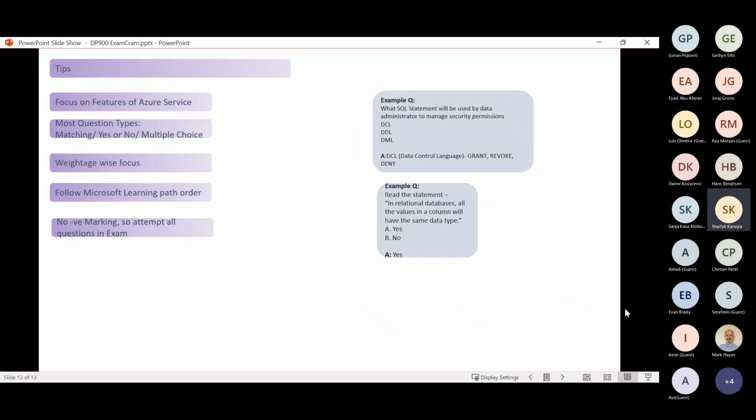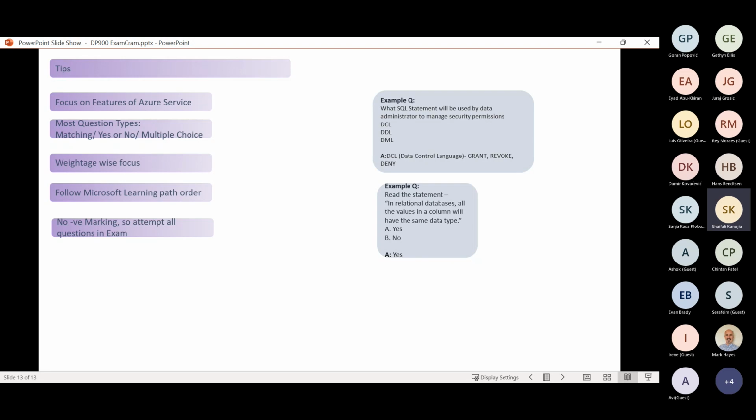So the last key takeaway that I would like to give for this exam, before we come to the end of the presentation, is you need to focus on features of Azure services. If you read the study guide, you have to download that. If you see, everywhere they are just referring to describe features.